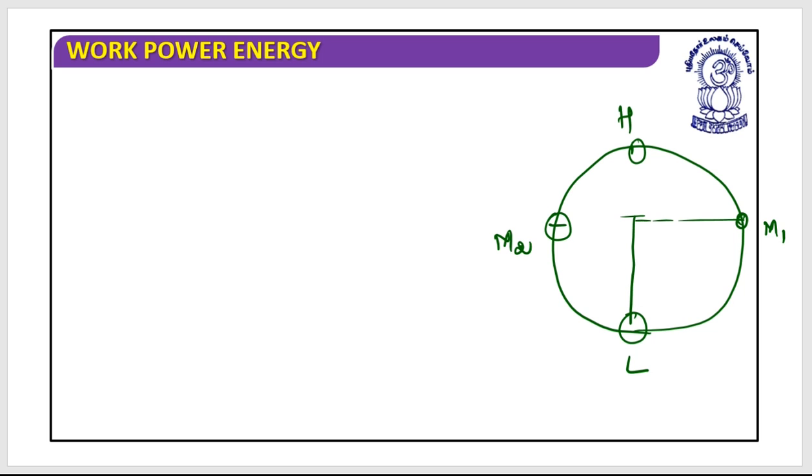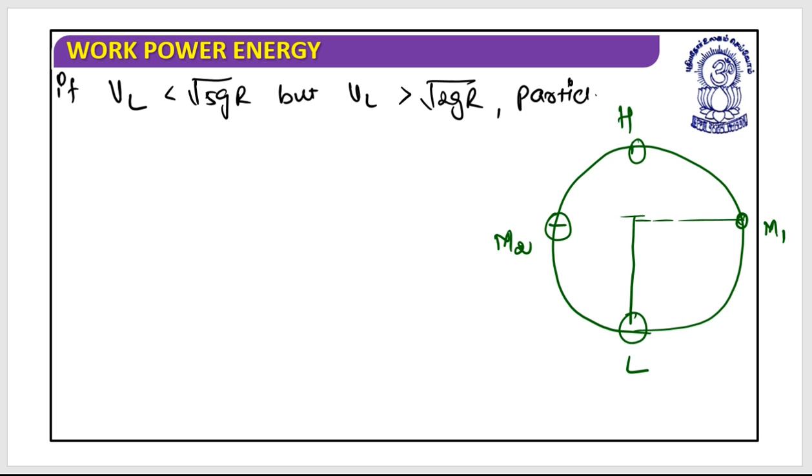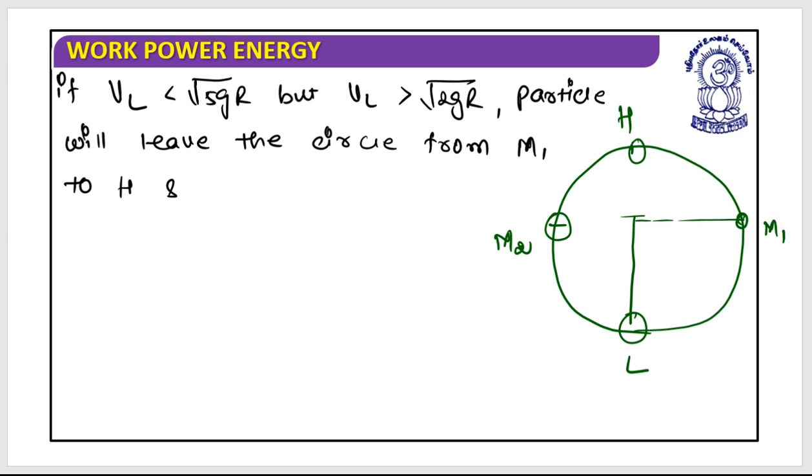So the case is that if velocity at the lowest position is less than root 5gr, but VL is greater than root of 2gr, the particle will leave the circle from M1 to H somewhere.